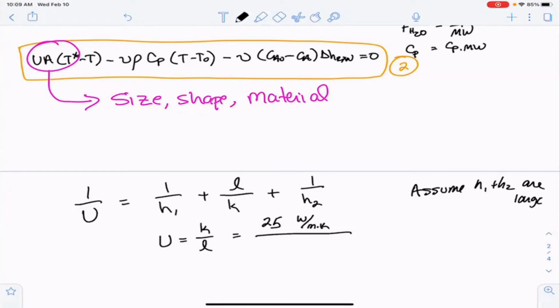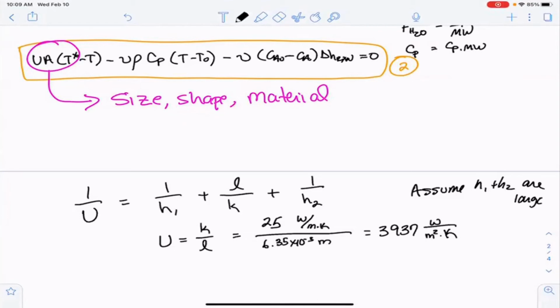And so that is 6.35 times 10 to the minus 3 meters. And so that gives us a U of 3937 watts per meter squared Kelvin. Okay, so now we have U.